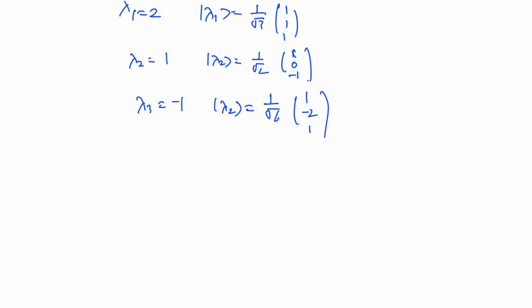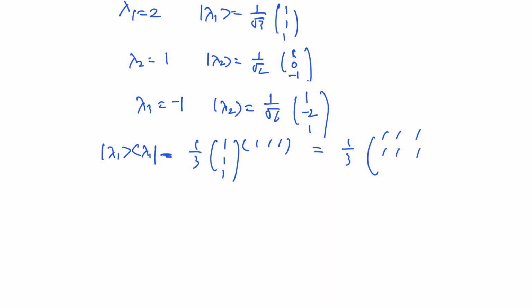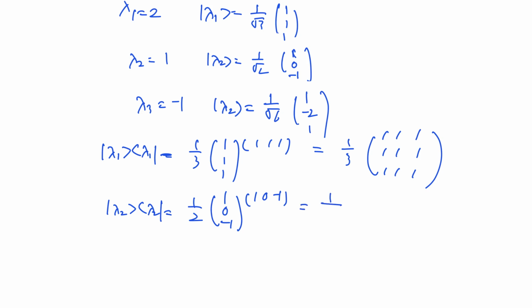Let me double check. So let's check this. For lambda 1, the projection is 1 over 3 times the matrix of all 1s. For lambda 2, it is 1 over 2 times 1, 0, minus 1, 0, 0, 0, minus 1, 0, 1.